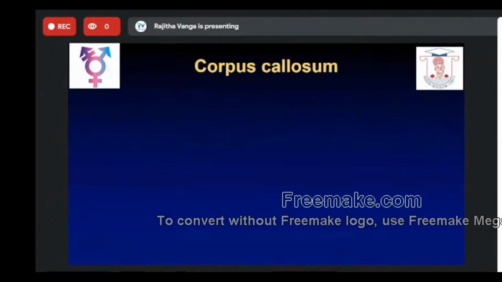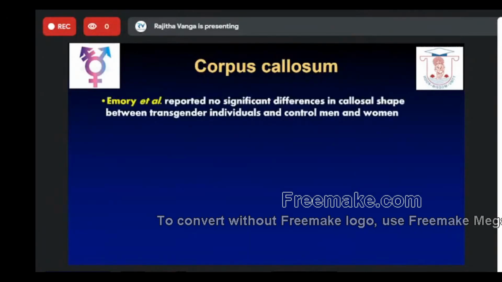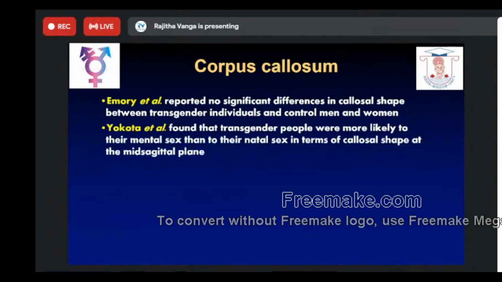These are a few studies which were put forth about the corpus callosum. Ebori et al. reported that no significant differences were found in callosal shape between transgenders and control men and women. Okata et al. found that transgender people were more likely to have the mental sex than their natal sex in terms of callosal shape in mid-sagittal section.